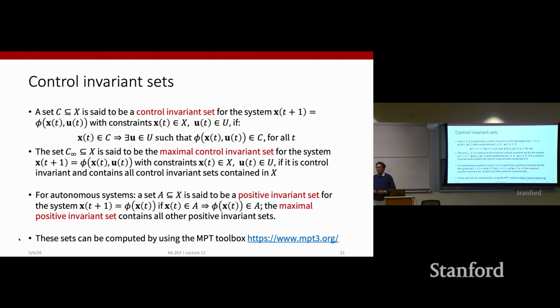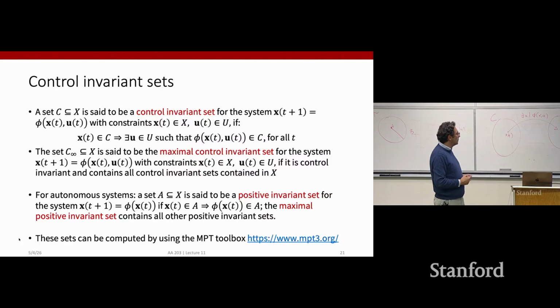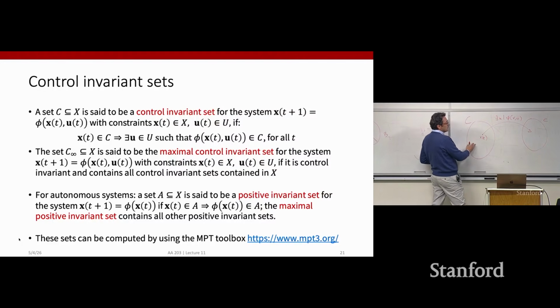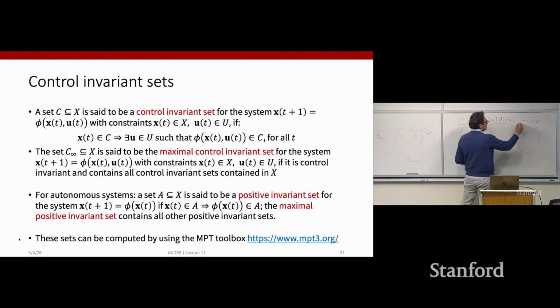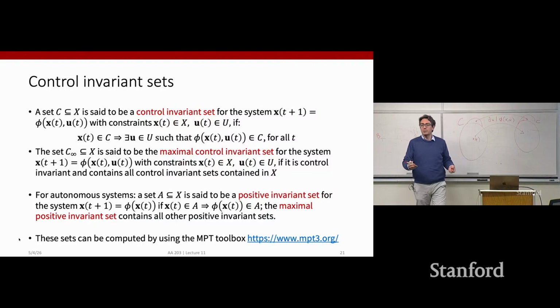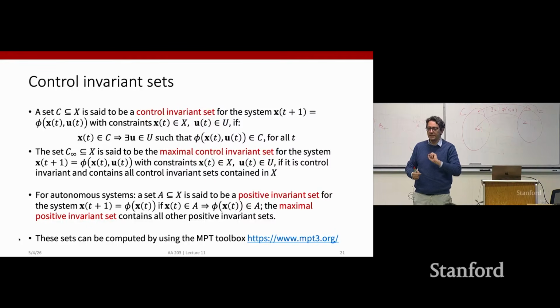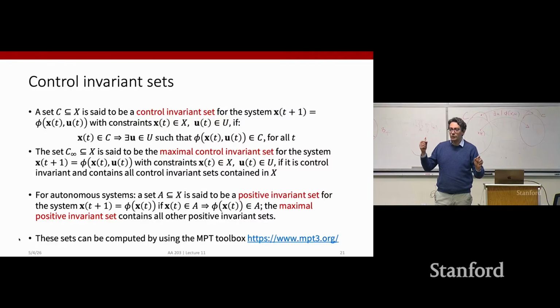Yeah? How could a control invariant set not be maximal? Like an example of a set that... Yeah, I mean, sure. You might have a control invariant set with this definition, but no one is telling us that there might not be an extension that still has this property. So for example, a control invariant set could be 0, literally the set with a single point 0, whereby if you have a linear system and you start at state equals 0, and use control u equals 0, the next state is 0.